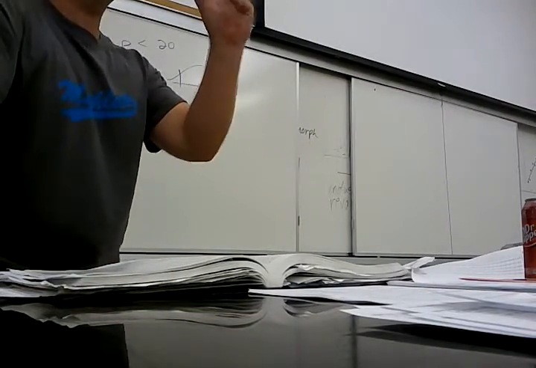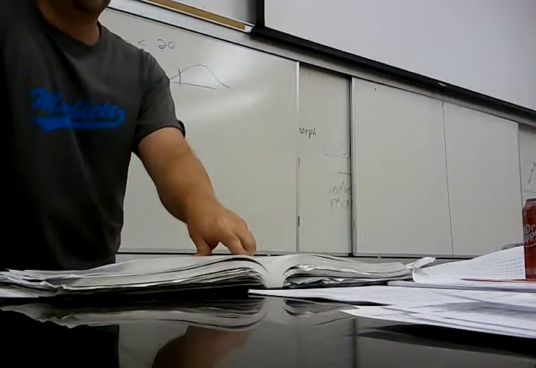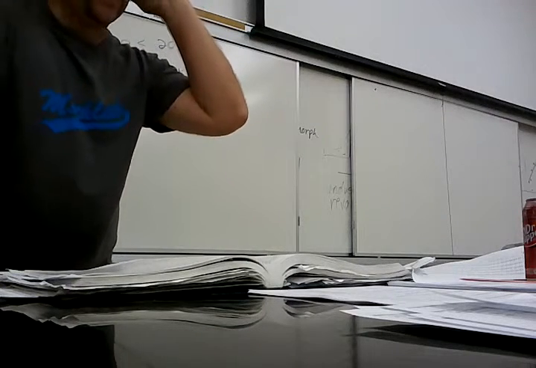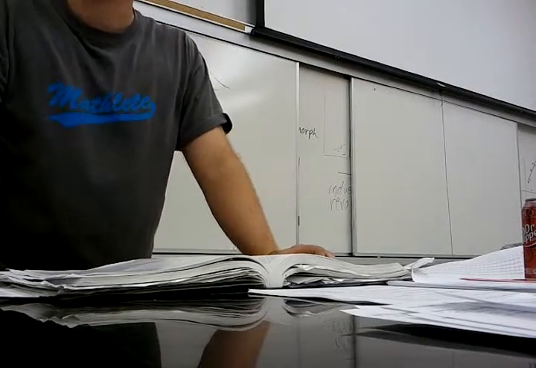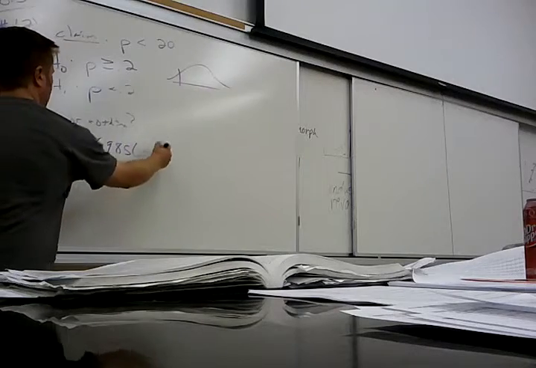It's got all kinds of little mean things. What is n? You have to add them up, right? So if you add them up, what do you get? 6,985. Okay.